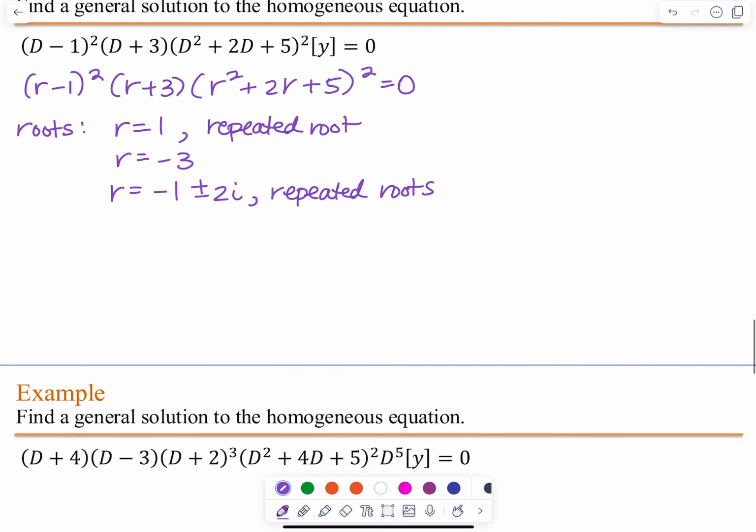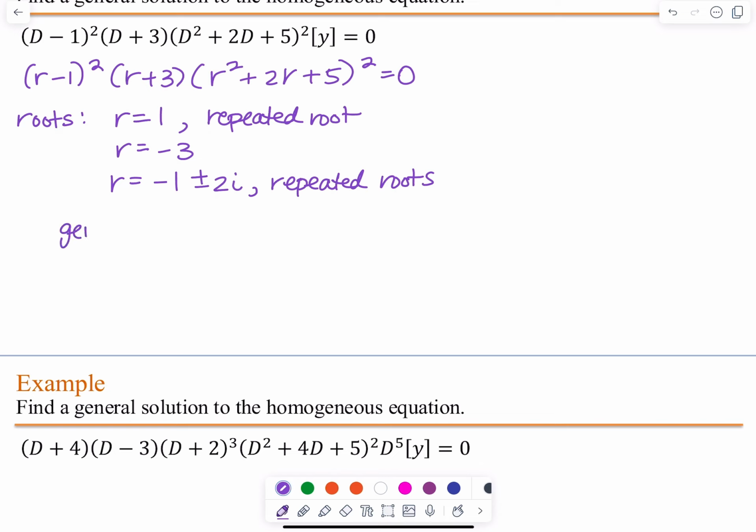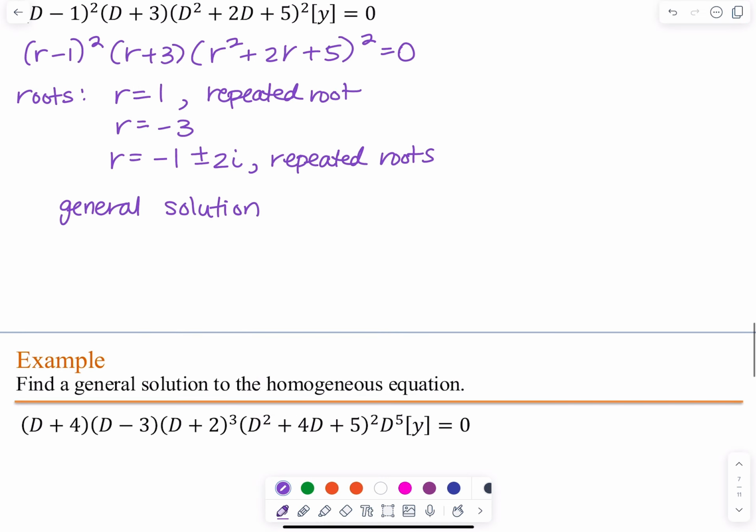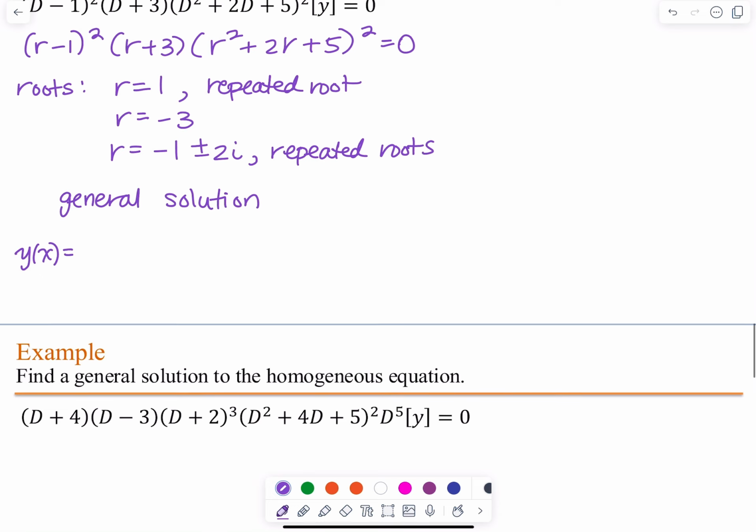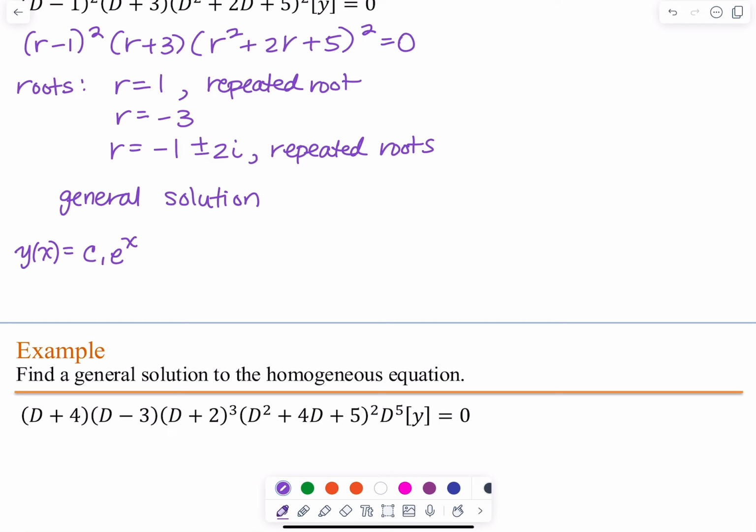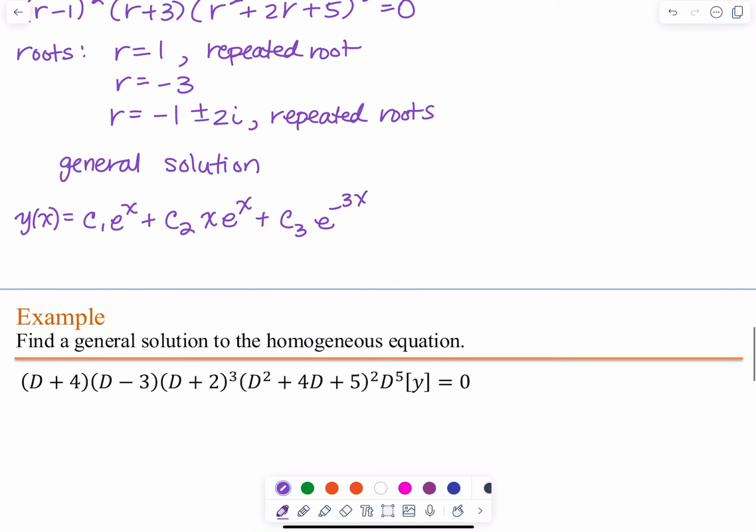So our general solution is y of x is equal to c1 e to the x plus c2 for our repeated root of 1, x e to the x plus c3 e to the -3x plus, we can combine c4 and c5 because c5 would have that extra factor of x, e to the -x cosine of 2x, because that's beta x.